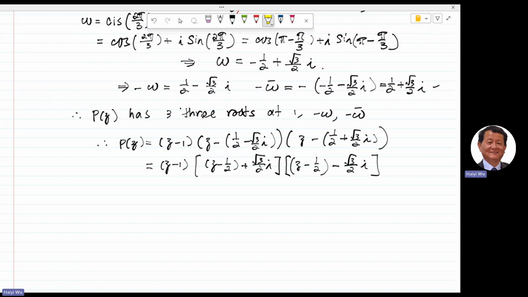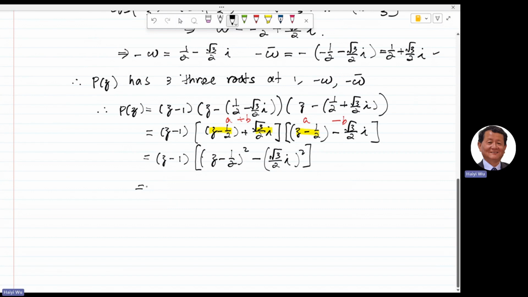By doing that, you can see I got a plus b and a minus b, so I'm going to use the difference of squares formula to take the bracket off. It'll be z minus half squared minus b squared, which is this square.